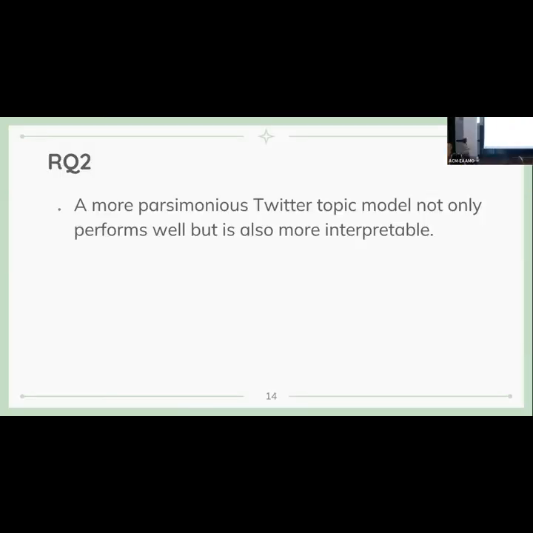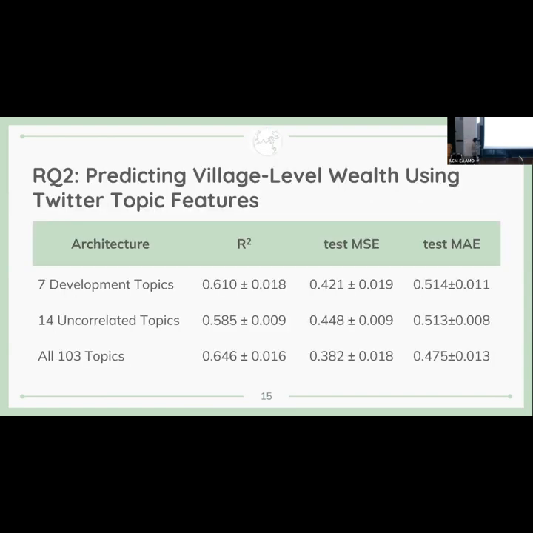So in terms of question 2, we found that the more parsimonious Twitter topic model not only performs well in terms of accuracy, but is also more interpretable. We tested these 3 models using different numbers of topic features.